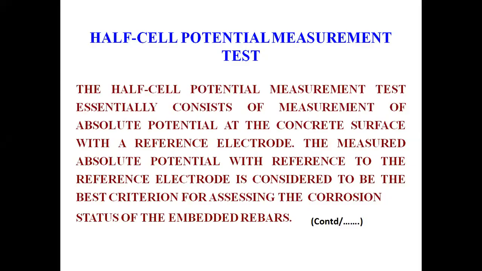The half cell potentiometer test essentially consists of measurement of the absolute potential at the concrete surface with a reference electrode. What purpose do we use this test for? It takes the reference electrode as a reference to assess the corrosion rate and the corrosion status of the embedded rebar within the concrete structures.